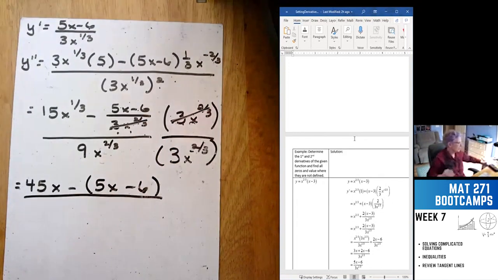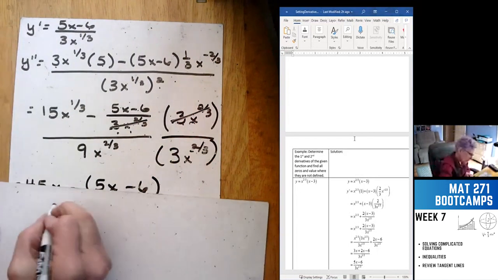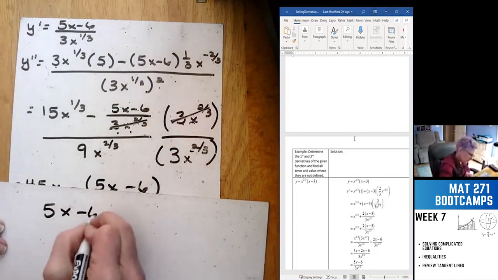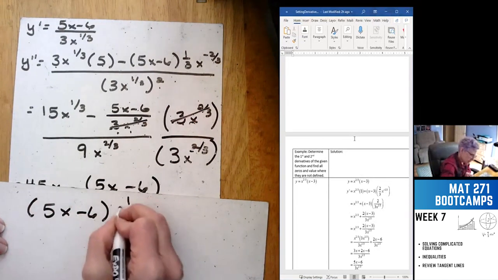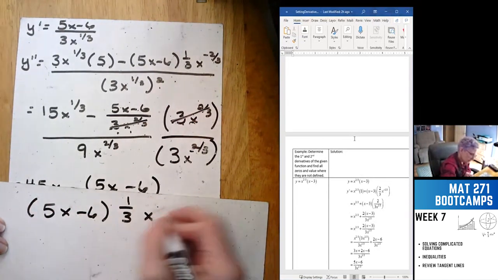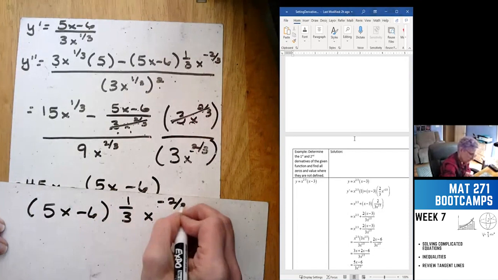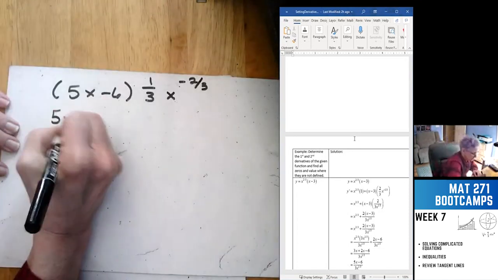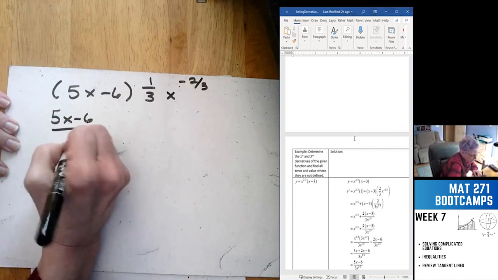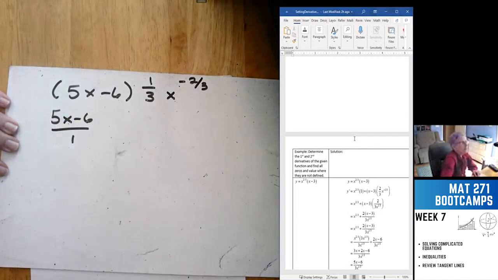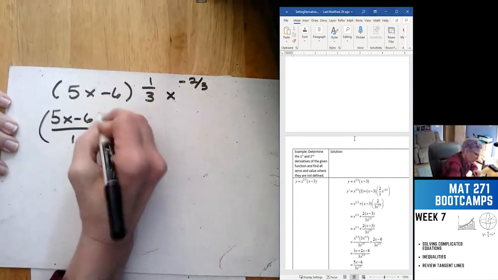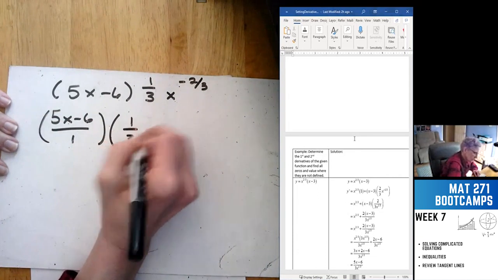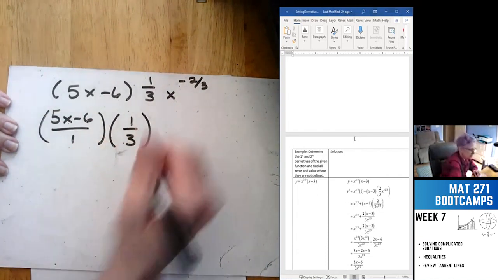Okay, so let me grab another. On the algebra of that. Yeah. So we have 5x minus 6 times 1/3 x to the negative 2/3. So 5x over 1, that's fine. That's a legal thing to do. That would be 1/3.